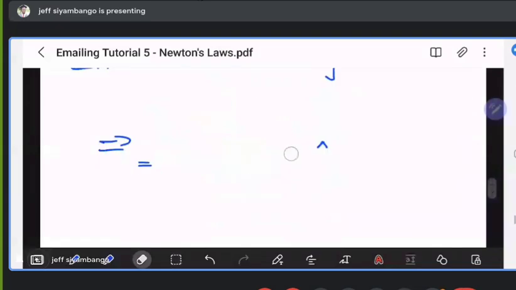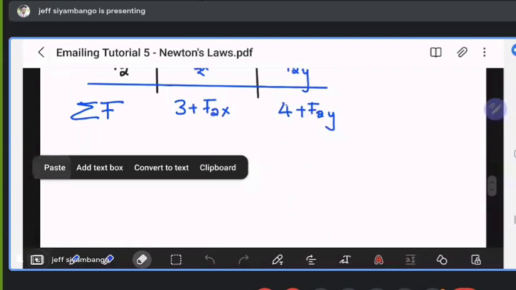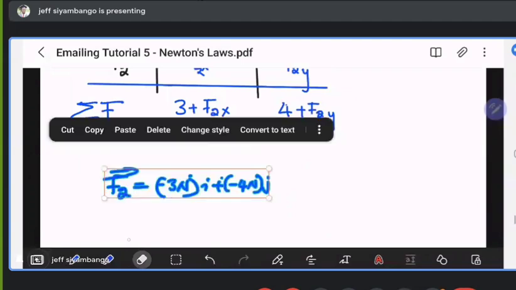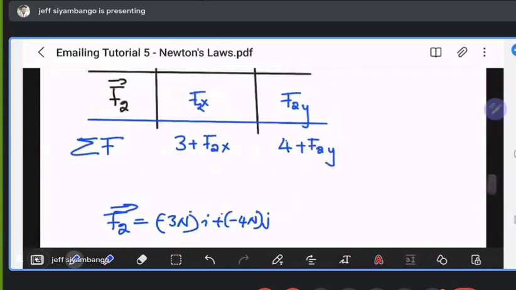So since they've given us what F2 is, there's no need for us to actually use F2x and so on. We can just get this here. For A, we see that F2x will just be minus 3. So while there's F2x here, I'll put minus 3. While there's F2y here, I'll put minus 4.